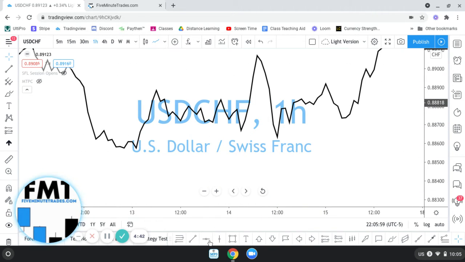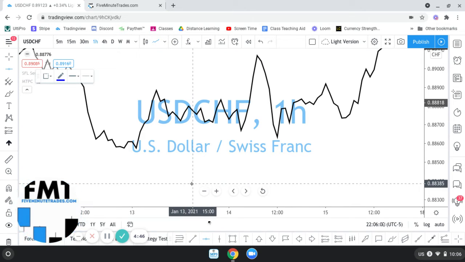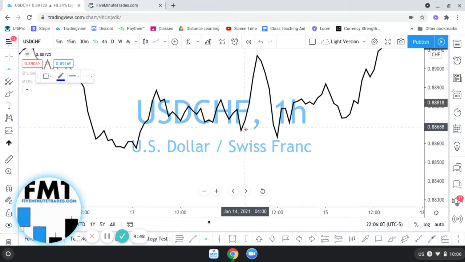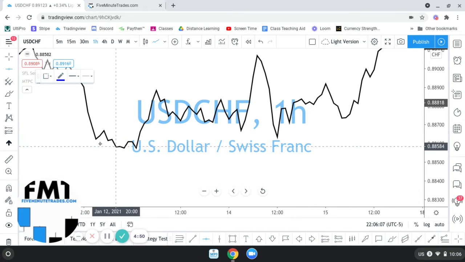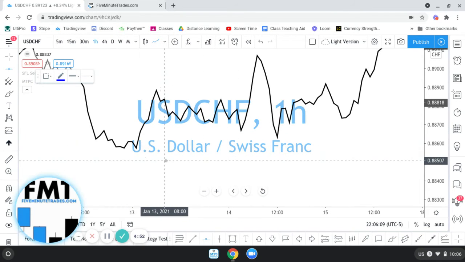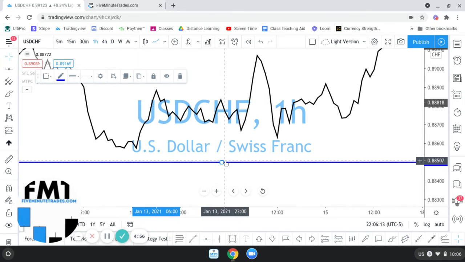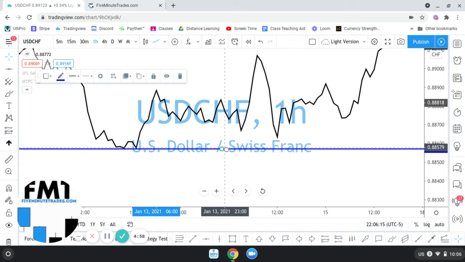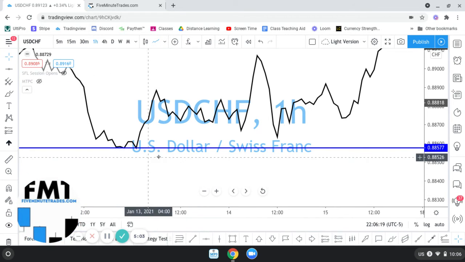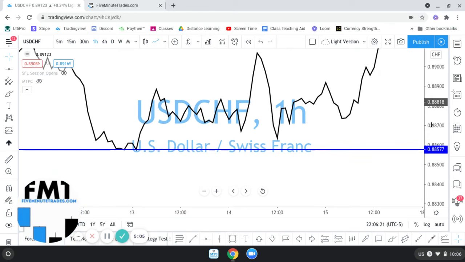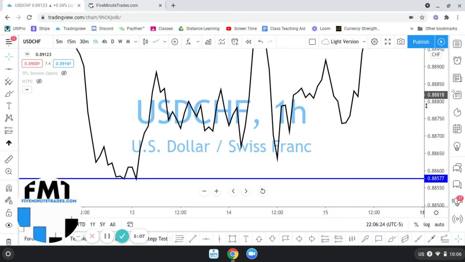So notice the spikes, like the spike here, spike down. So that makes it easy to identify support. Spike down, spike down. So we have support there.